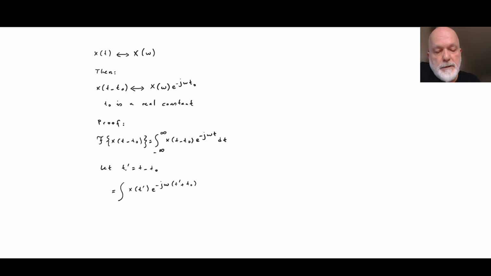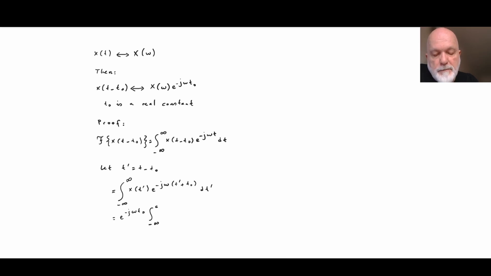The differential element dt prime is equal to dt, and when t tends to minus infinity or plus infinity, t prime also tends to minus infinity and plus infinity, so we have the same integration limits here. So now e to minus j omega t0 is a constant term which can be taken outside the integral.